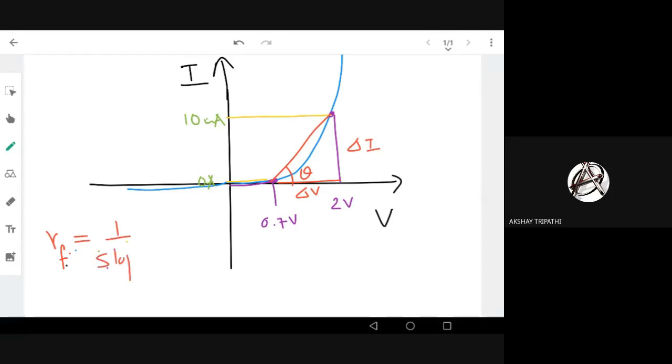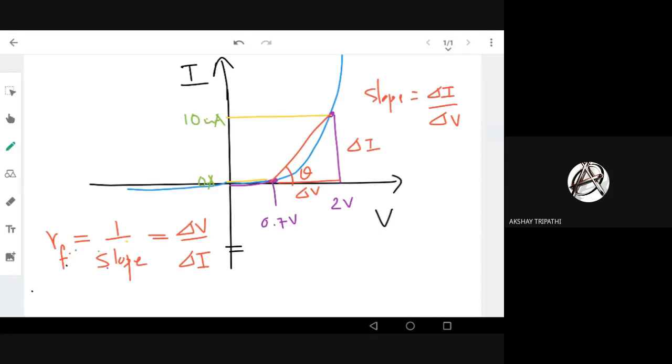Why 1 by slope? Because my y-axis is current and x-axis is voltage, so the slope is delta I divided by delta V, and 1 by slope means delta V divided by delta I.